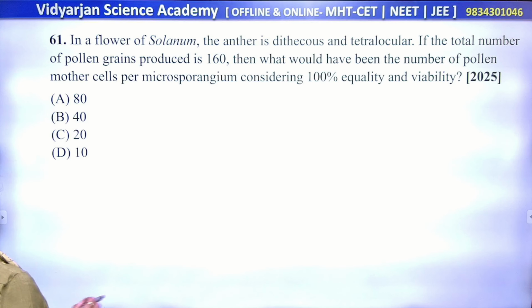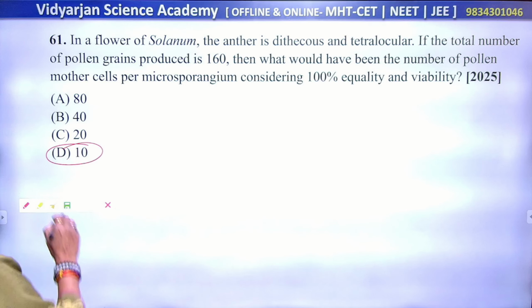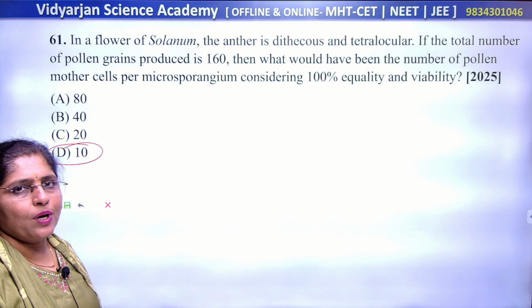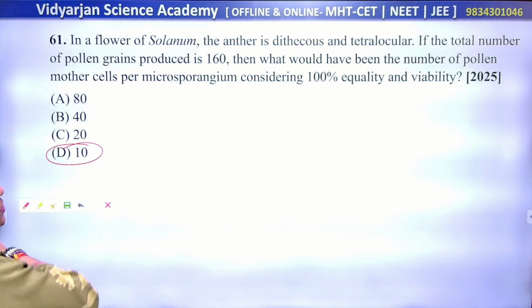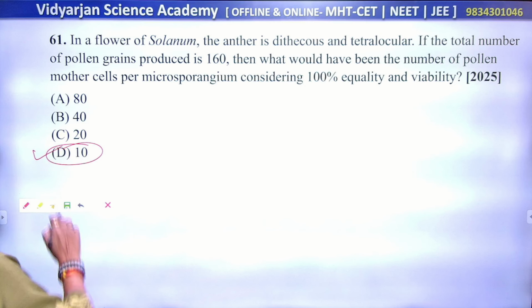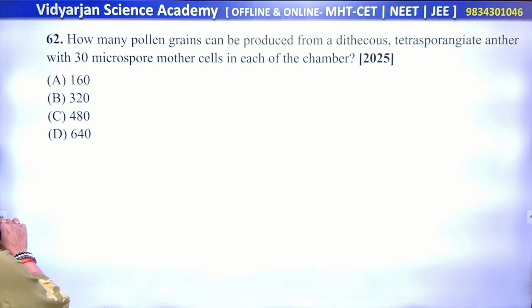So what should be your answer? Very, very simple. You should have 10, because in each pollen sac you are getting the tetrad, and you are getting 160 here, so it will be 10. Got it? Very, very simple calculation.